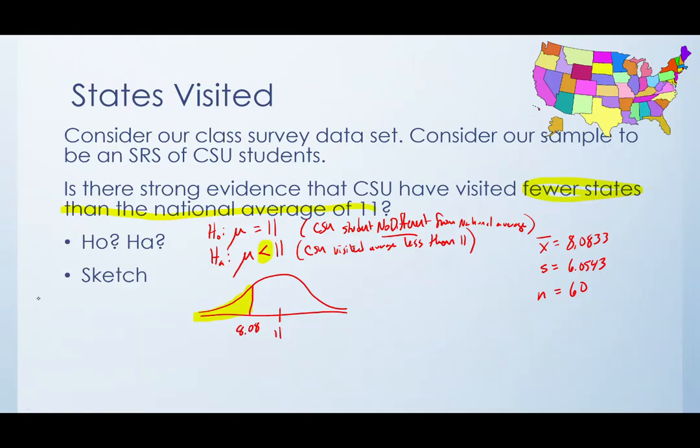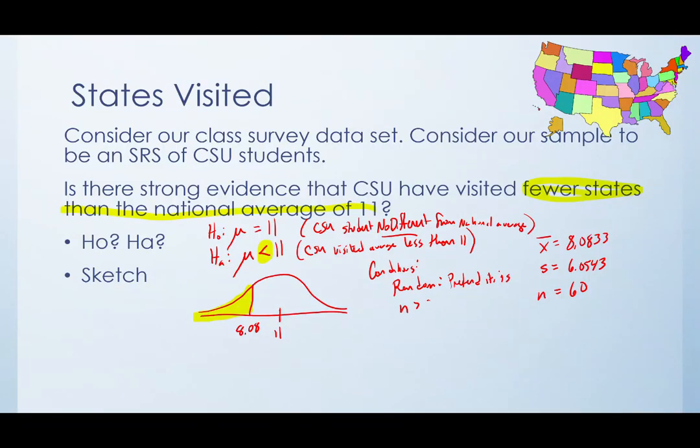Okay. Now, this one doesn't ask about conditions, but we should check conditions, right? And of course, we want to know, is it random? And here we're like, yes, no, not really. We're going to pretend it is, but not really.